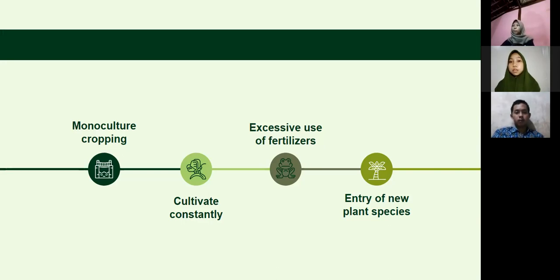Two is cultivating constantly. In agricultural ecosystems, certain types of plants cultivated by humans grow in the same place from year to year. This will cause these pests to grow and increase in number so that they can result in huge losses.